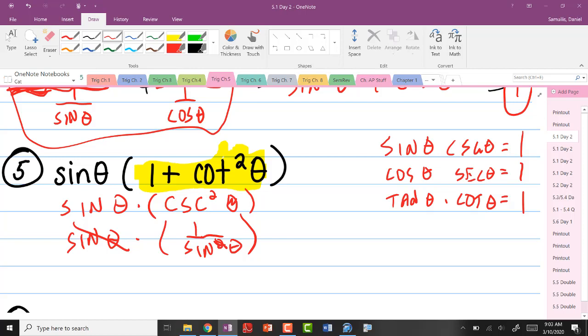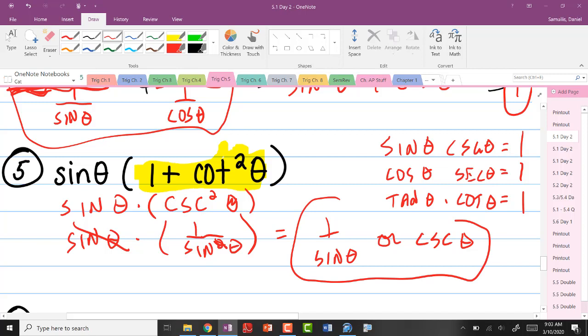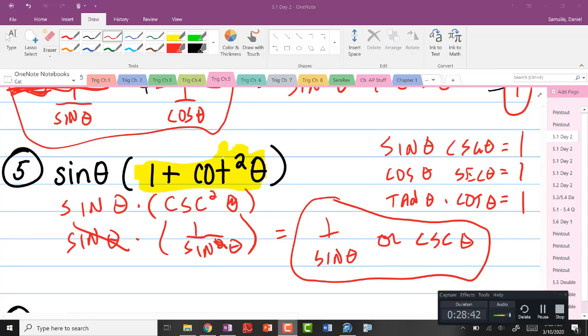It's either 1 over sine, or we turn back and call that cosecant. Probably depends on your directions. Both would be right. If it's a multiple choice, only one of those will be listed. You got to be ready for either one of them. So it's different ways of answering depending on the directions.